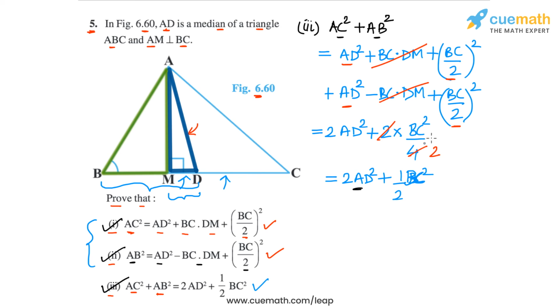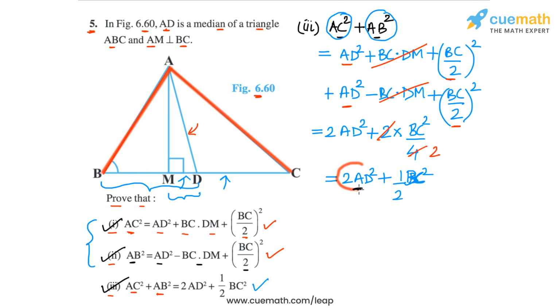Now this result that we have obtained is a very, very important result. In fact, this result is going to be used in the next question of this exercise. What this result says, if you have to memorize it, is that if you add the squares of two sides of a triangle, in this case AC square and AB square, let me highlight these two sides, what you get as a result is twice of AD square.